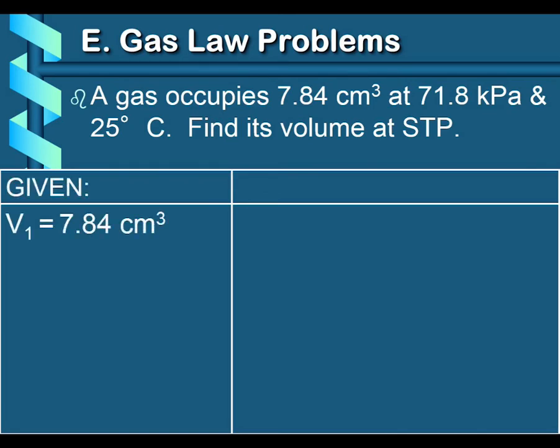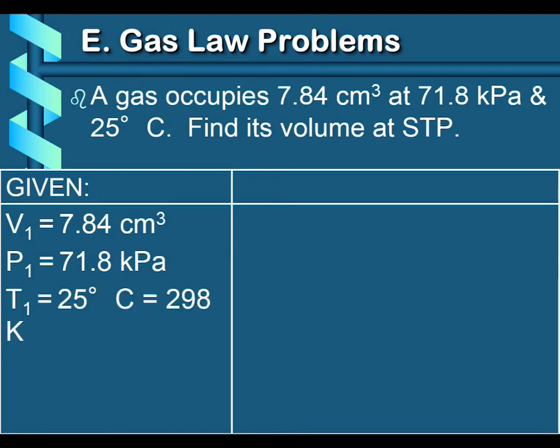So volume 1 is given, pressure 1 is given, and temperature 1 is given, but it has been changed to Kelvin, so that is 298 Kelvin. Then volume 2 is what we're looking for, at STP, standard temperature and pressure. Pressure, again, is from the pressure units I gave you earlier. That is what's equal to 1 atmosphere, but in kilopascals.